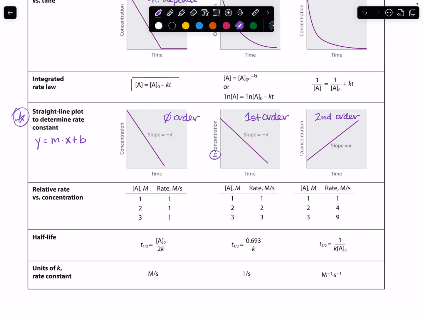So when we rewrite it, we end up with this integrated rate law, where the concentration of A is equal to the initial concentration minus K times T. Now we know the negative sign should be there because the slope is high to low, so it's a negative slope. If we move over to our first order plot, it's going to be the natural log versus time.